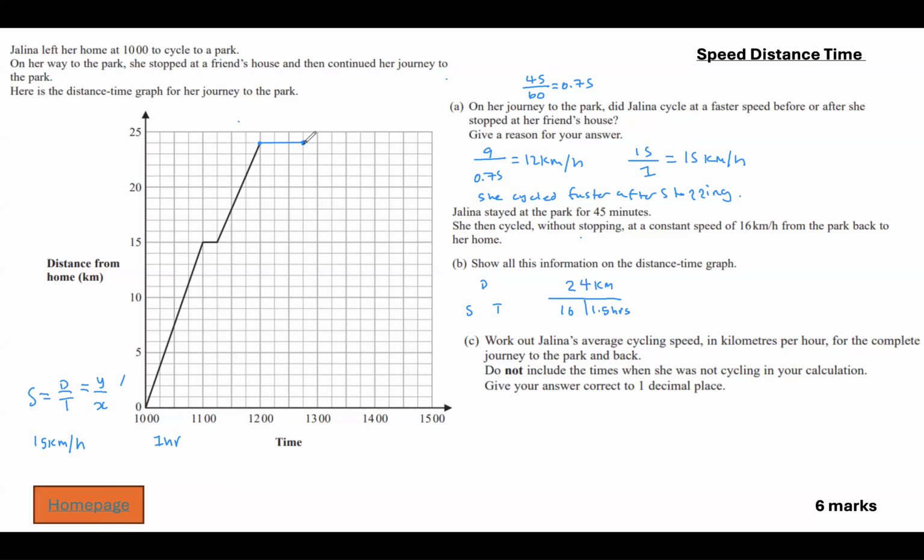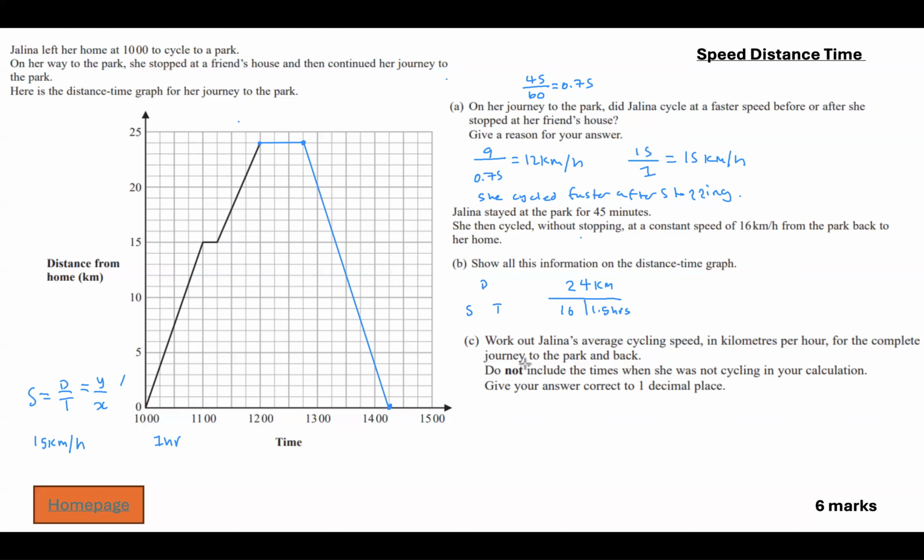So since we're going up in 15 minutes, we've got 15, 30, 45, 1 hour, 1 hour 15, 1 hour 30. So she will get home at 2:15. And what we need to do there is simply draw a straight line, and this is going to be our answer.